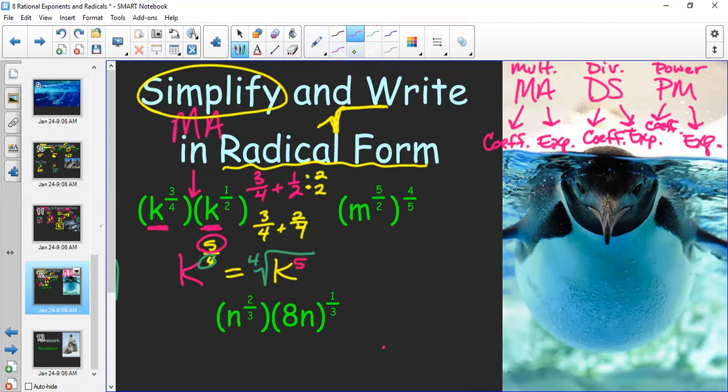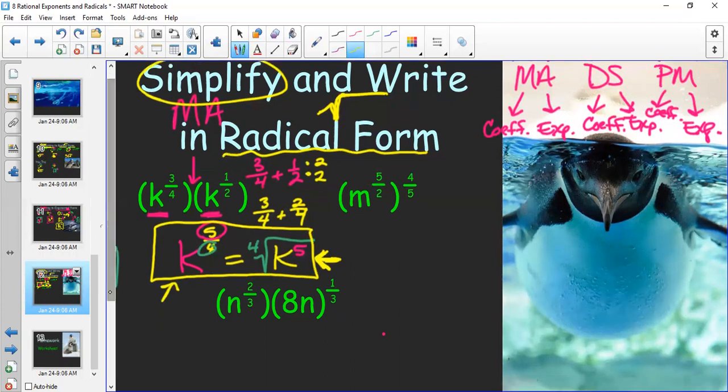Okay, so we actually have two answers here. We have k to the 5/4 power, and that is also the same as the 4th root of k to the 5th power. So this is exponential form, and this is radical form. They are both the exact same answer, just in different forms. So it kind of depends, if on a test, which form it was asking for, which way you would answer this. Okay, so we're just gonna do both for right now.